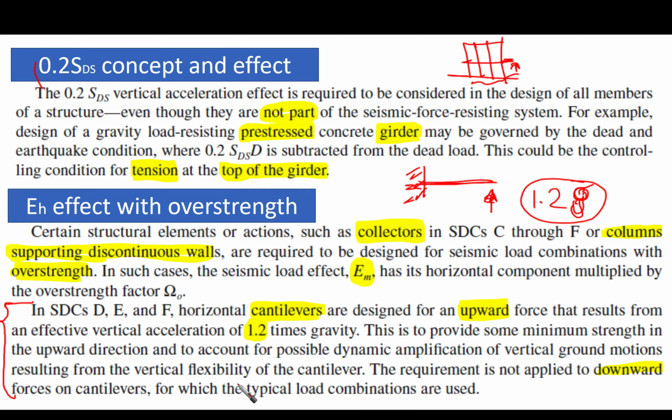Because the cantilever is flexible in the upward direction, we need to guarantee that it will not fail. But in the downward direction, there is nothing like this because it is already loaded with the original loading, so no need to take care of this. The requirement is not applied to the downward forces on cantilevers, for which the typical load combinations are used.